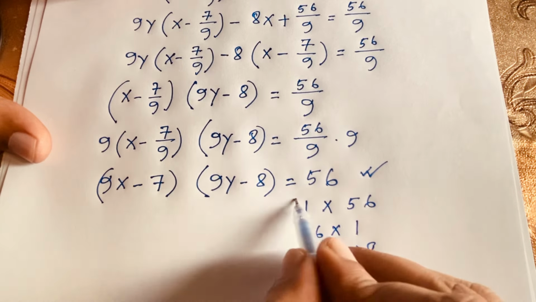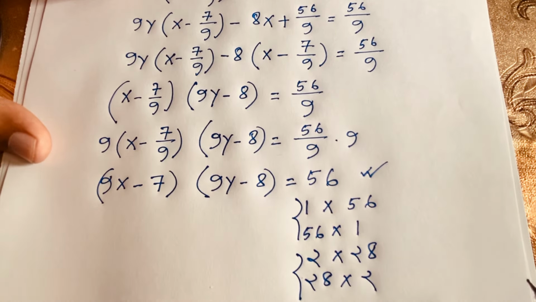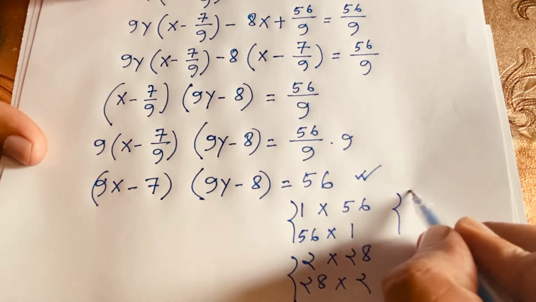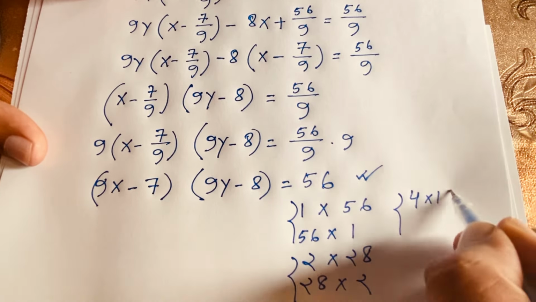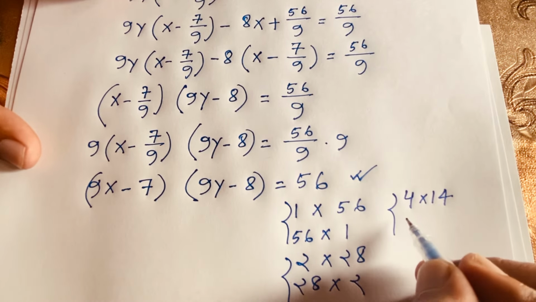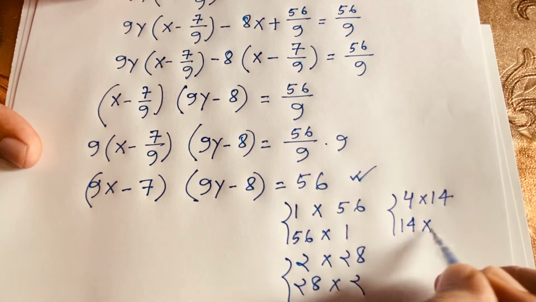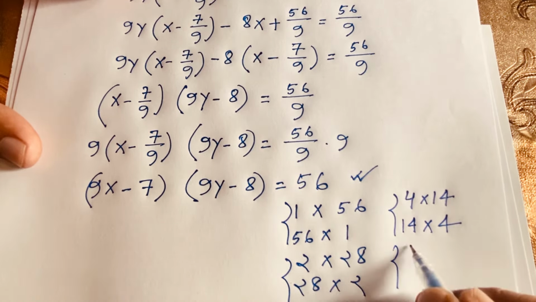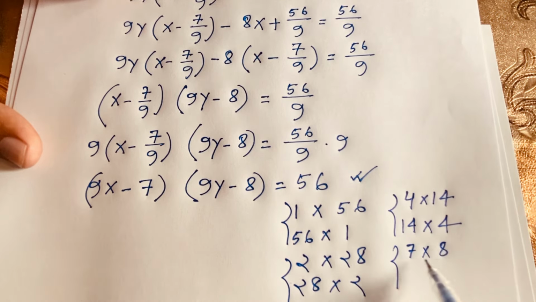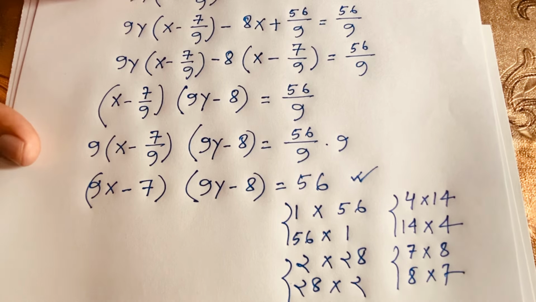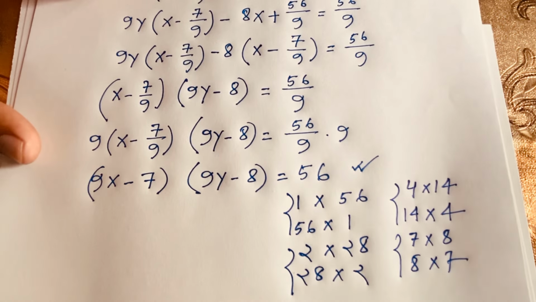So we'll find out here is a factor, this is a factor, and I can see easily other factors, it will be 4 times 14, it is also 56. And I can say 14 times 4, and other factors, I can say that 7 times 8, it is also 56, or 8 times 7. So we'll find out here are beautiful factors.